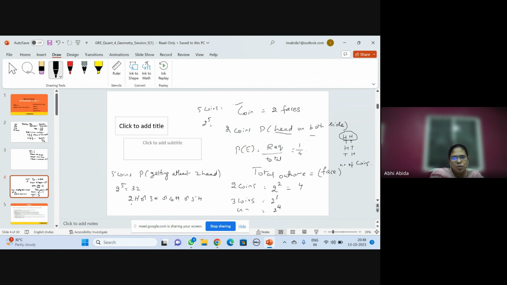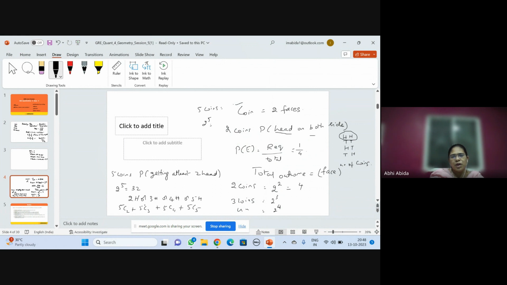So how many 2 heads from the total 5 heads? 5C2, plus, since 'or' means addition, 5C3 plus 5C4 plus 5C5. By solving this equation, you'll get the answer.